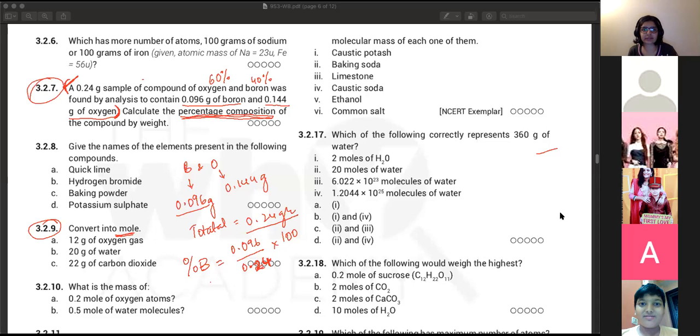Tashvi, what happened? 3.2.7 wasn't done? Aditya, yes. Ma'am, it was done, I sent it to you. Sent it? It hadn't come. Okay. Have you started 3.2.9? No, ma'am, I'm starting right now. Okay, fine. Bhavika, what about you? Bhavika, Ryan, Ritvik, which one are you on now?